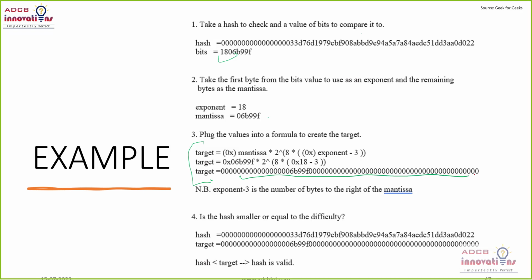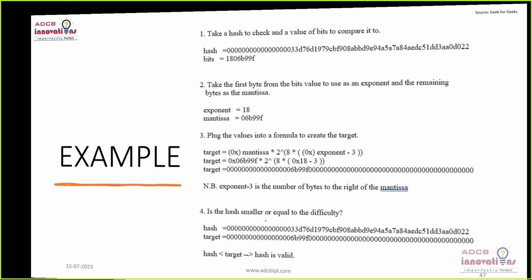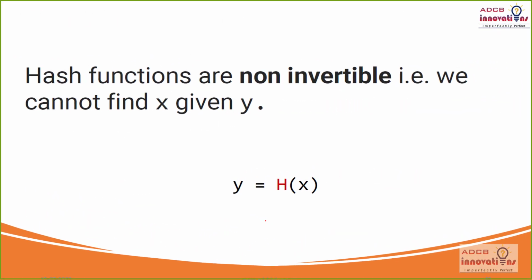Then it checks whether the hash is smaller than or equal to the difficulty. If the hash is less than the target hash, then our hash is valid. This is how the hashing, the proof of work, is done.